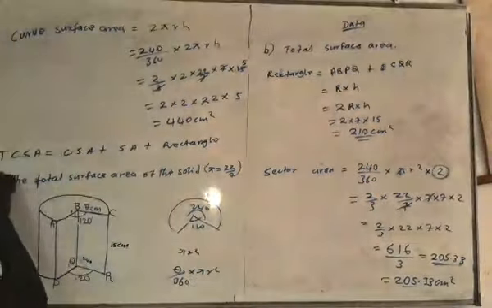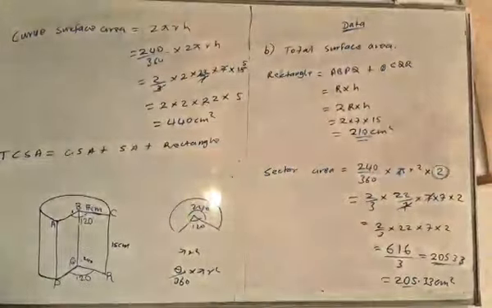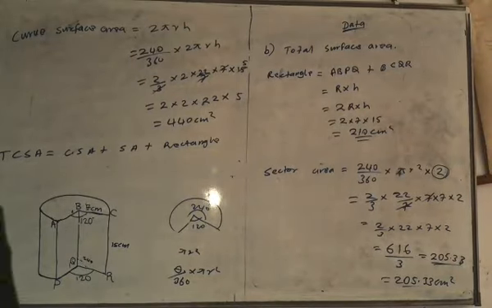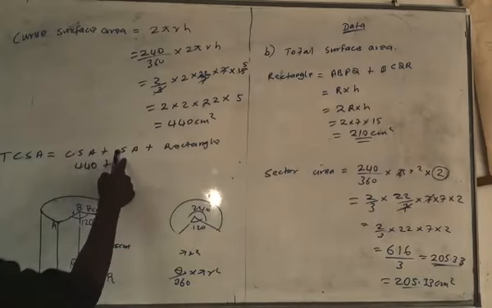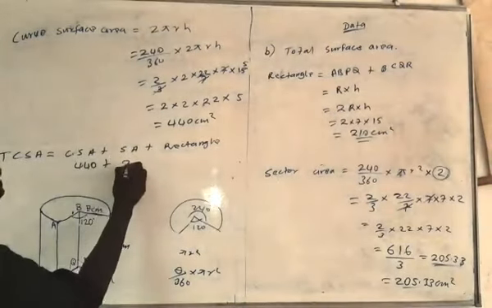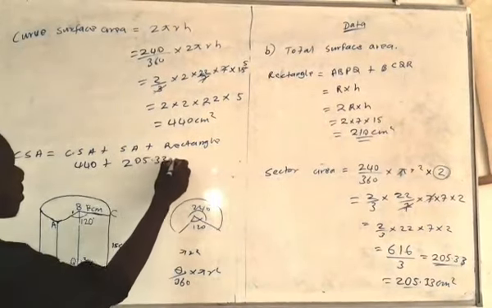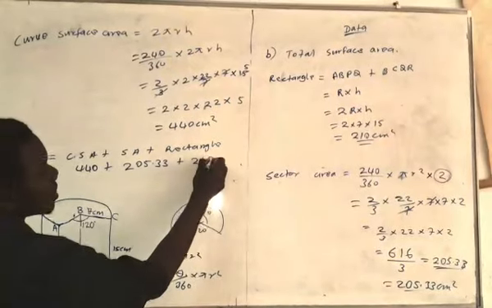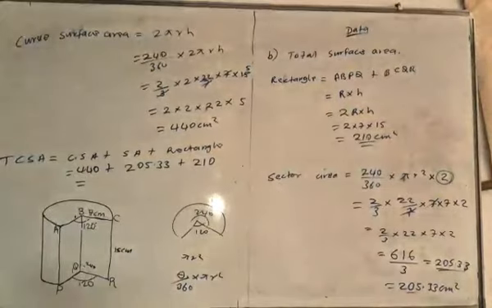So if we do that, we have the curved surface area, 440, plus this sector area we got, 205.33, plus the rectangle we got, 210.